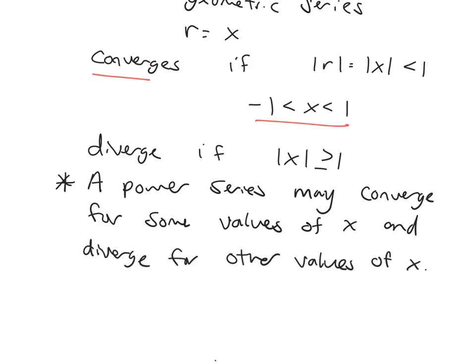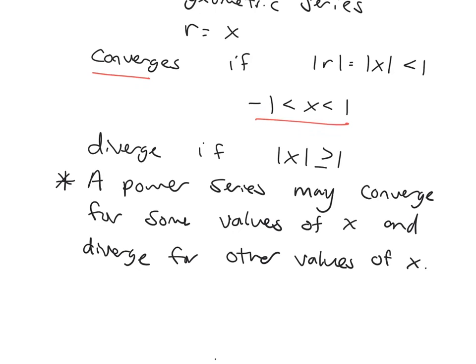So sometimes it converges, sometimes it diverges. And so what we're really interested in is when does the series converge? For what values of x is the power series going to converge?